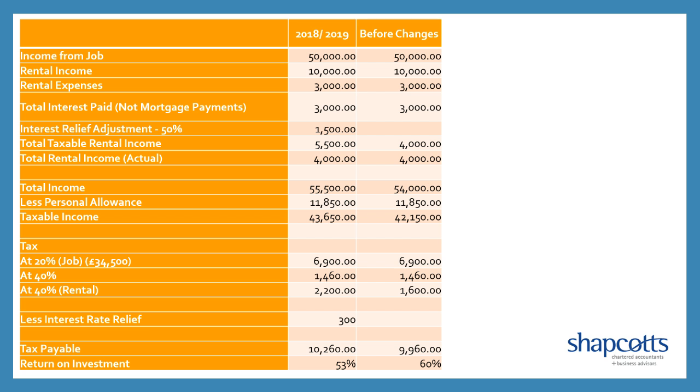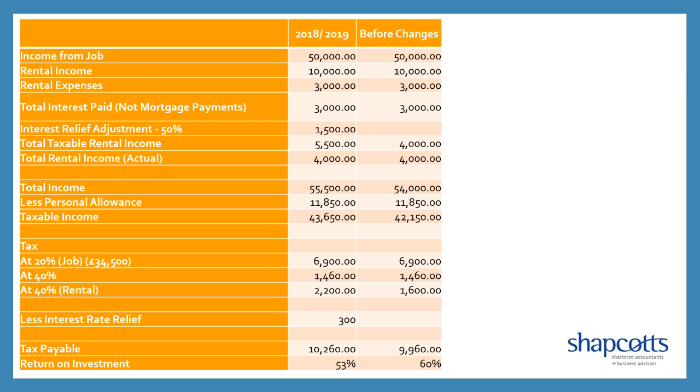Now, obviously, it's not a significant amount, but it is an impact. And obviously, the more properties you have, the more income you are now having shown, the greater impact it's going to have. And your return on investment, rather than being 60% like it was before, has now gone down to 53%.